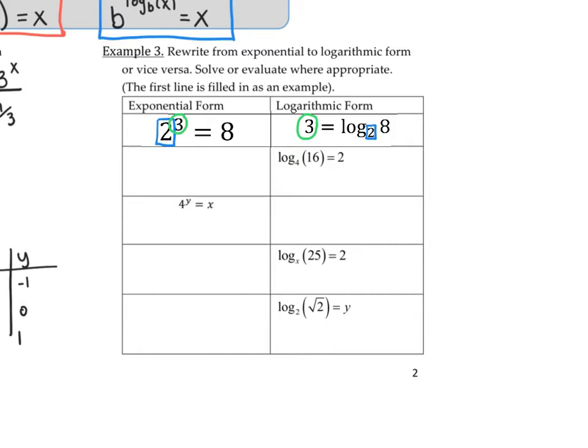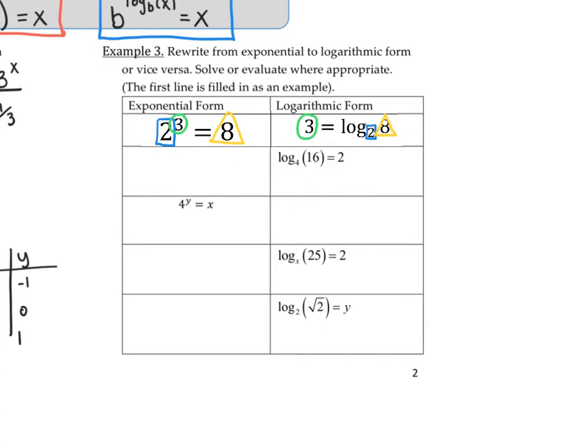And then the last part of the expression, I'll go ahead and put in a triangle, is the value of the exponential expression, which is 8. And I want you to notice that the value becomes the input to the logarithm. So the translation: the base of the exponential becomes the subscript, the exponent is the answer, and the answer becomes the input to the logarithm.